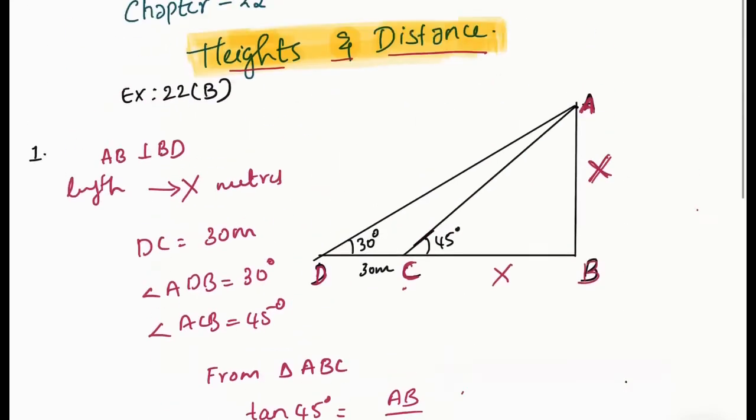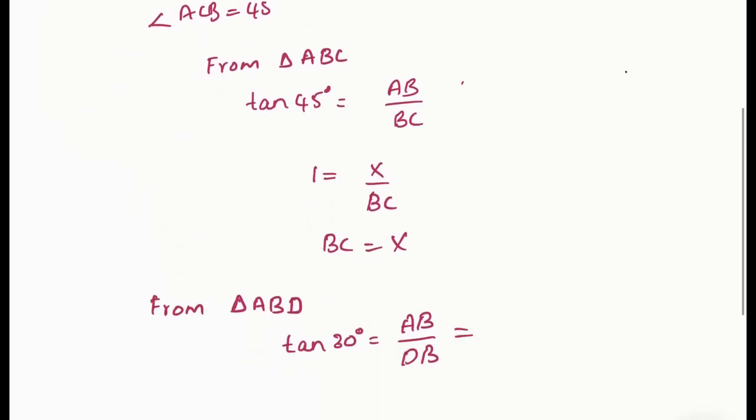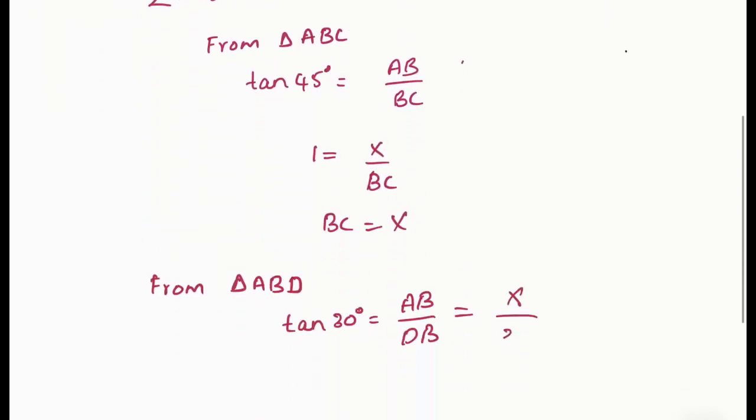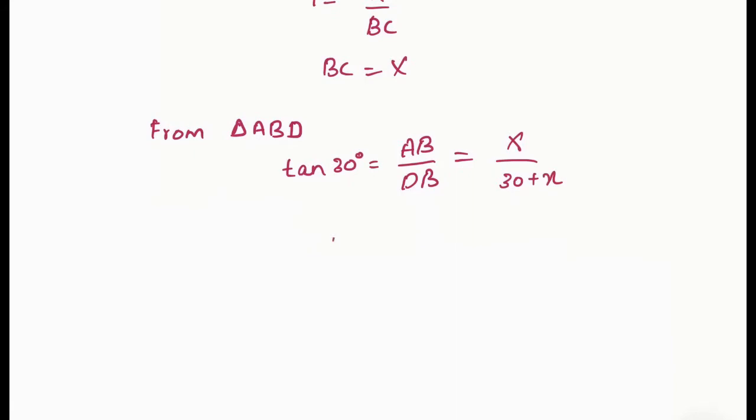What is AB? AB is equal to x, right? And DB is equal to 30 plus x, that is DC plus CB. So what is the value of tan 30? That is 1 by root 3, equal to x by 30 plus x.